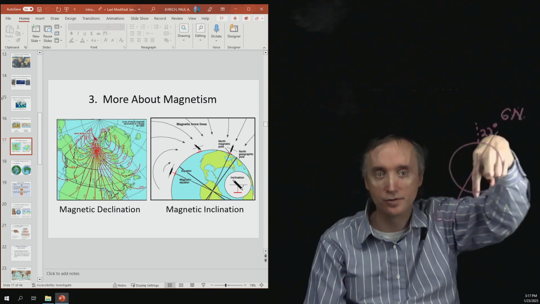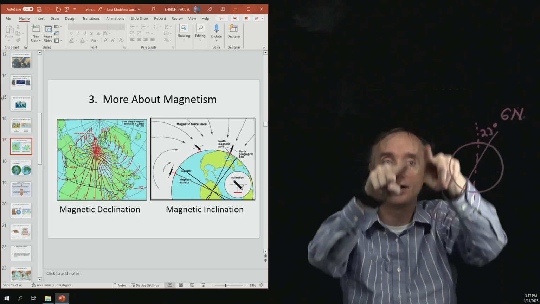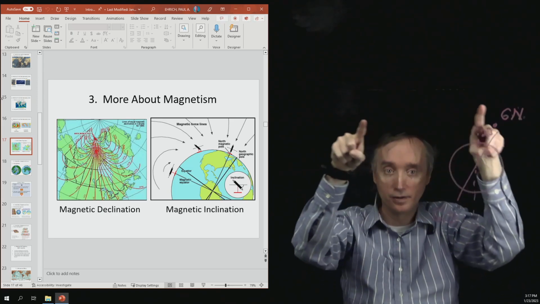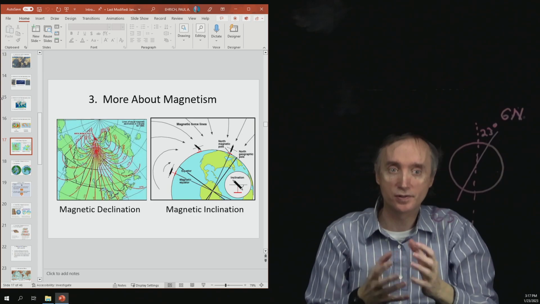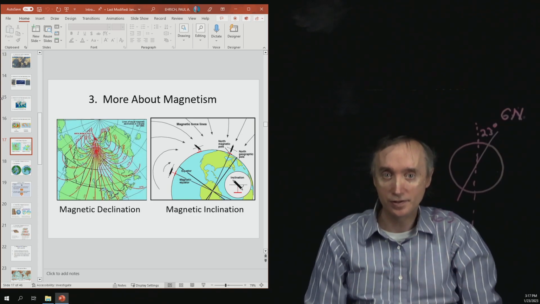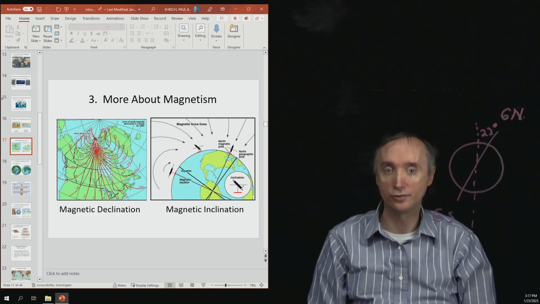You've got materials going around and around like this, and also materials going up and down. They're convecting. And what that does is twist the magnetic field inside the Earth. Well, that causes the magnetic field to move around on the Earth.